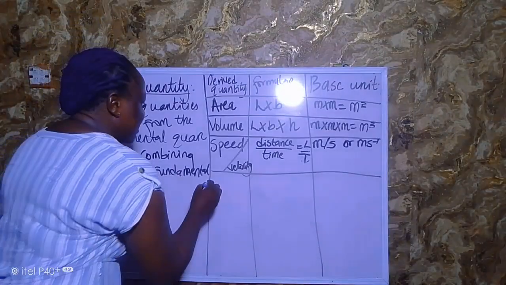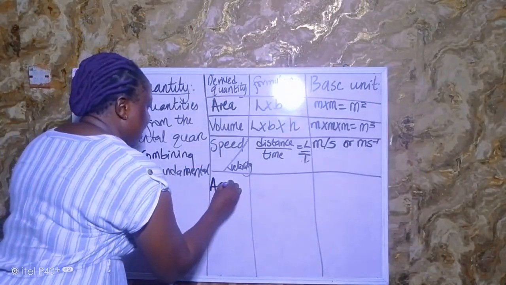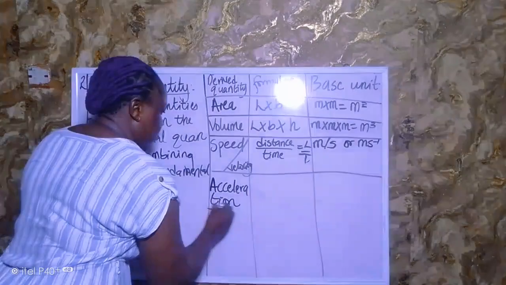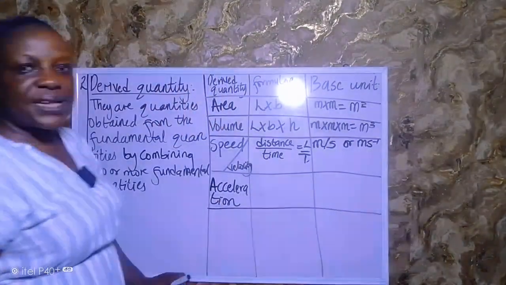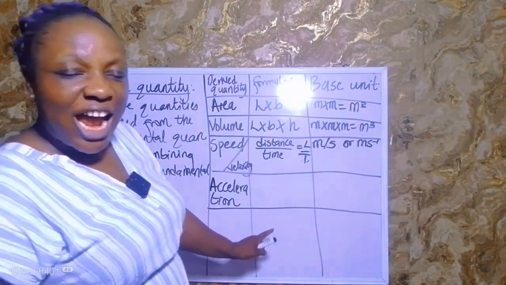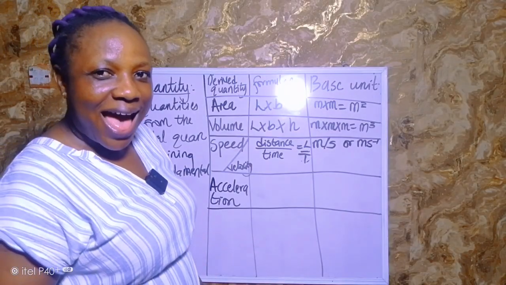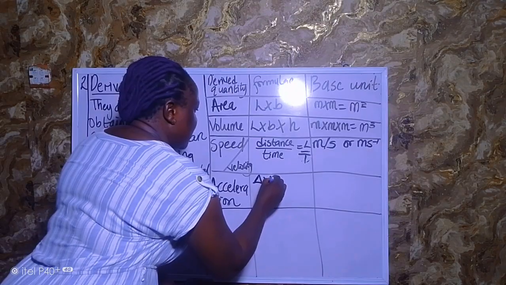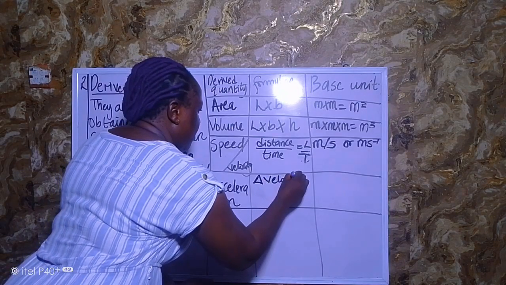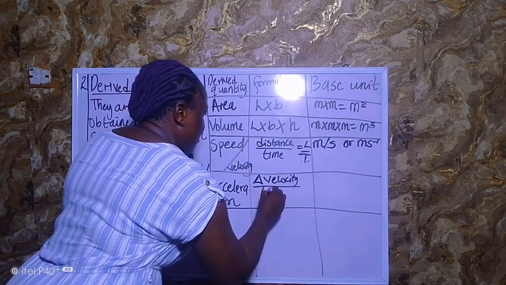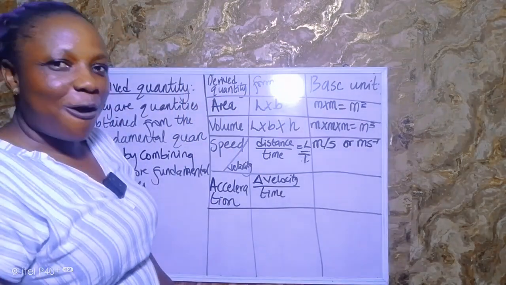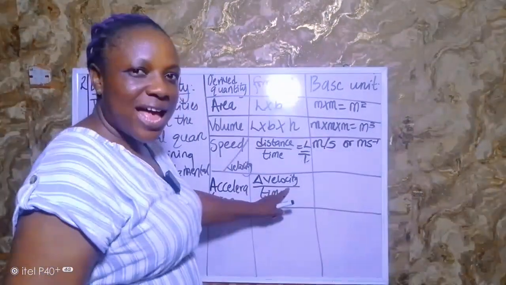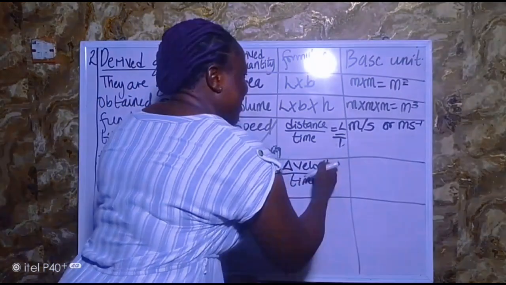Okay, now we come to acceleration. So what does this one tell us? This one is change in velocity over time. So when there's a change in velocity over time, then we are talking of acceleration. So what is the unit of velocity? Remember it says the same thing.